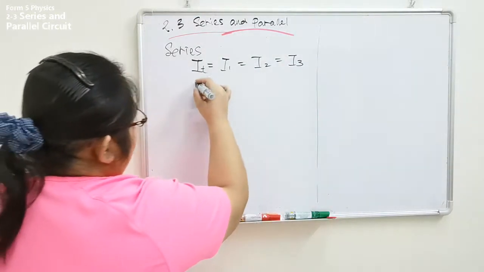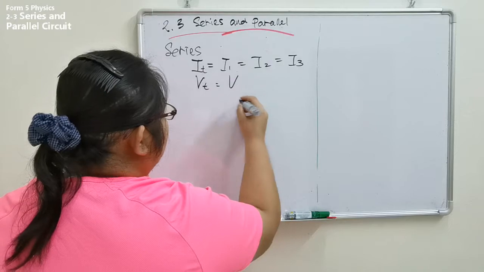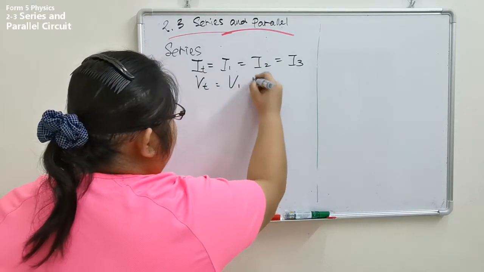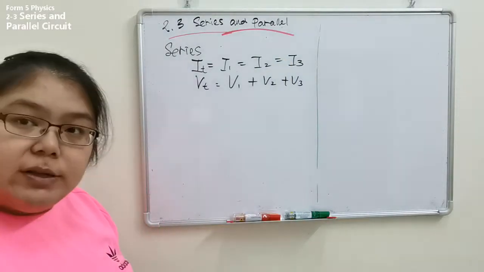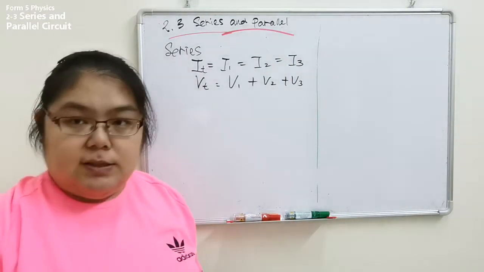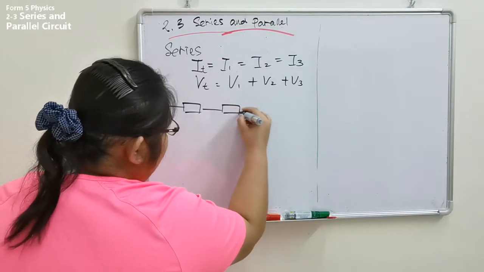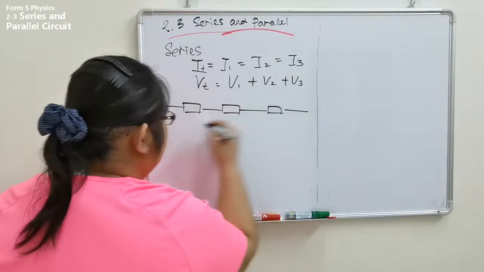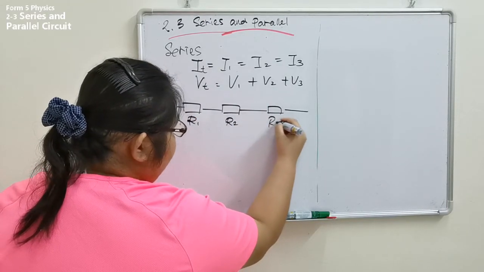Okay, voltage, potential difference total equals V1 plus V2 plus V3. This one is a series. Okay, one more, resistors. Example, resistors connected in series. We call them R1, R2, and R3.